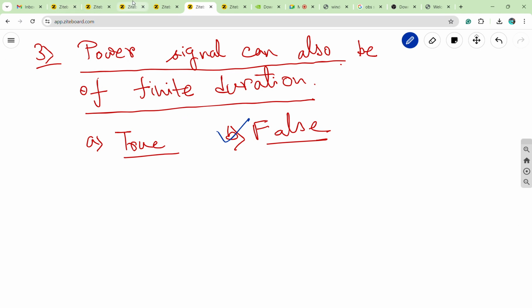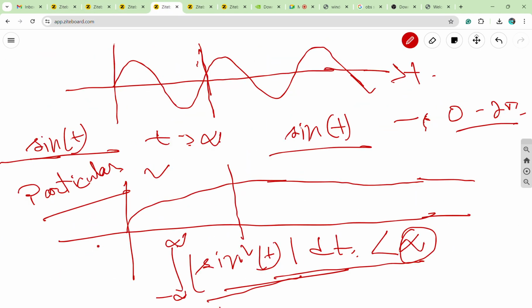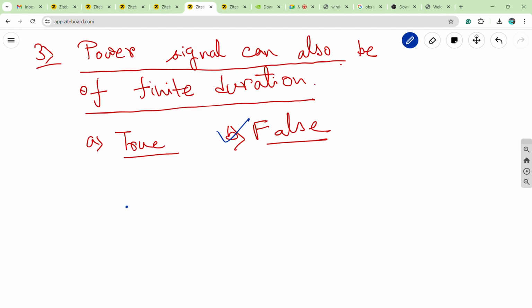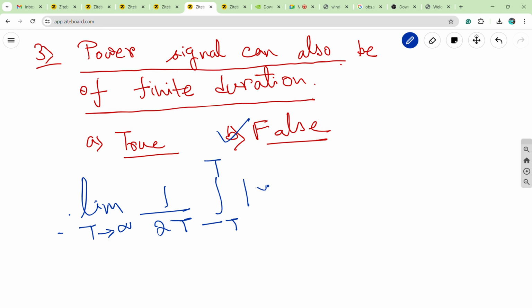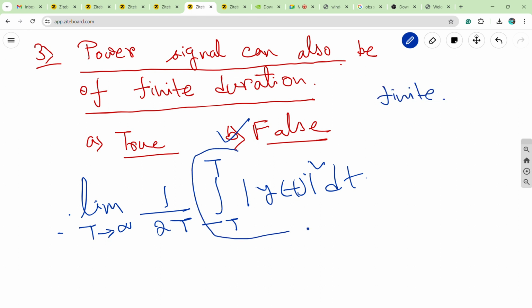Again, the same reason we have discussed for power signal. If a power signal is of finite duration, then from the definition it comes like limit t tends to infinite of 1 by 2t, integral from minus t to t of y(t) square dt. If it is a finite duration, this particular thing becomes finite.